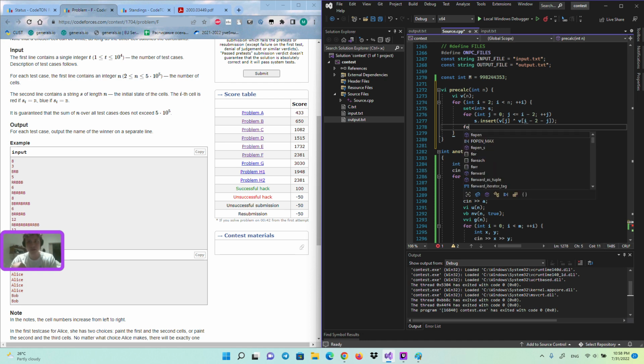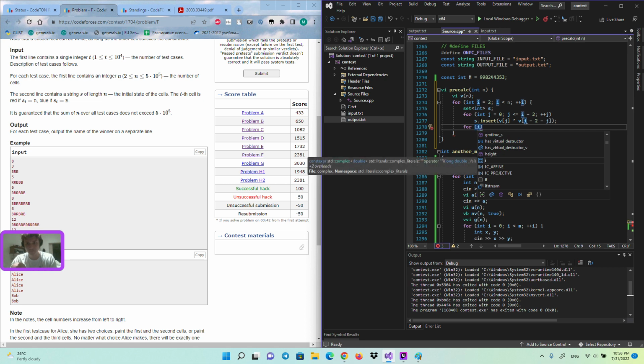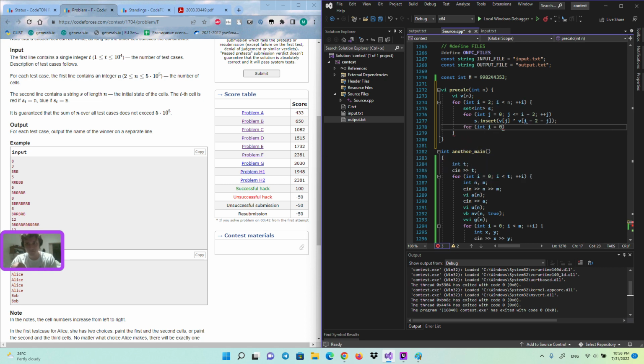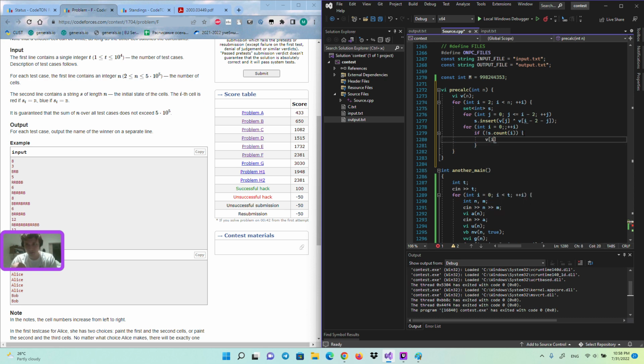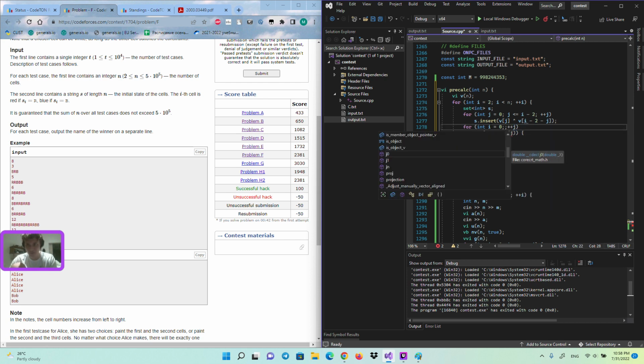Okay, and after that, if s doesn't contain j, then v[i] equals j, and after that we break.